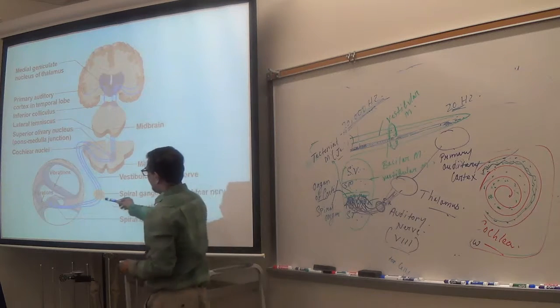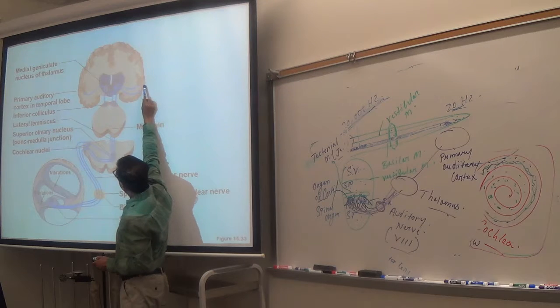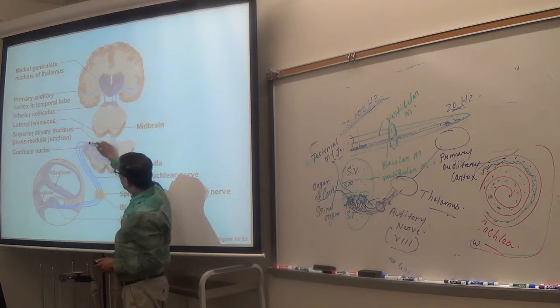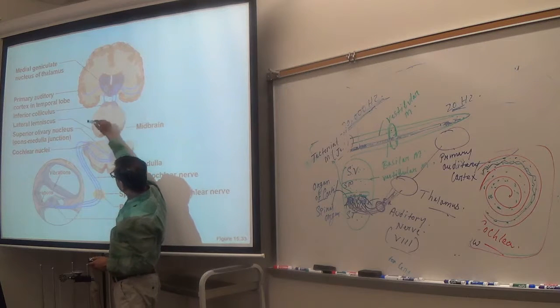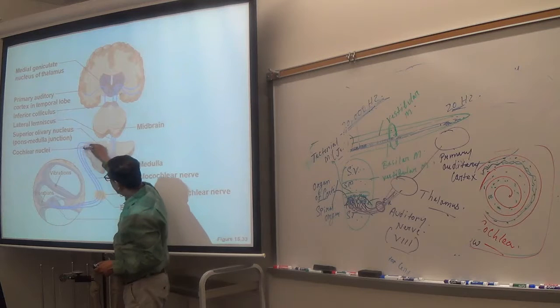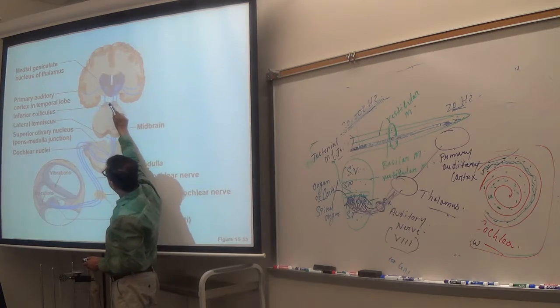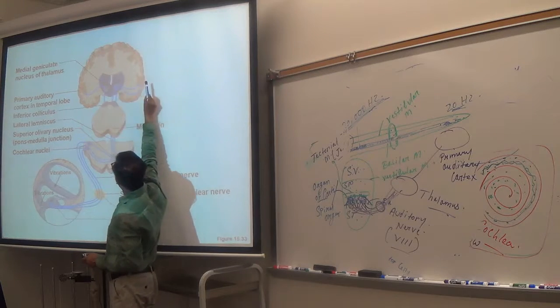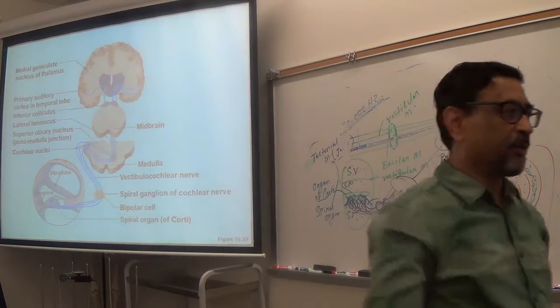Okay. That takes the signal to the primary auditory cortex of the brain, and on the way, the signal is relayed in different structures. Cochlear nuclei receive the signal from the cochlea, then the superior olivary nucleus, then the inferior colliculus, thalamus, and primary auditory cortex. You don't need to know all those structures.